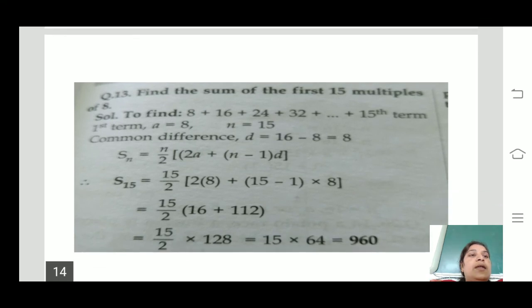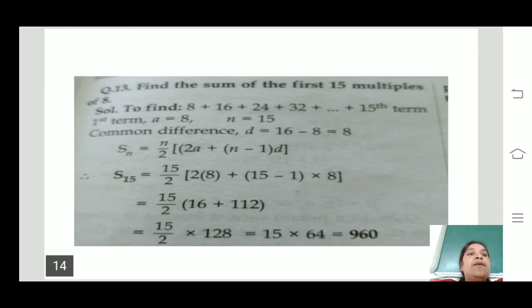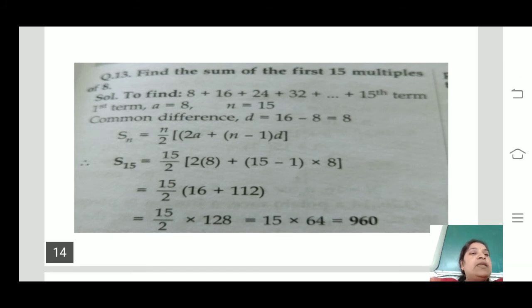Now, the next question, again a similar one. Find the sum of the first 15 multiples of 8. Let us write the first multiples of 8, that is 8, 16, 24, 32 and so on. How many terms do we want? 15 terms.